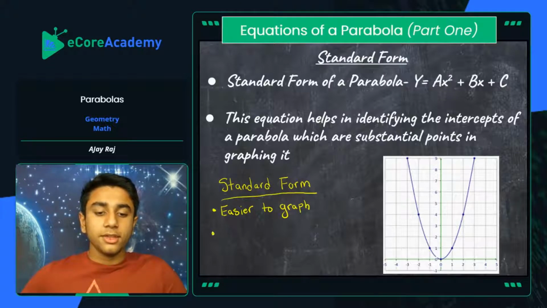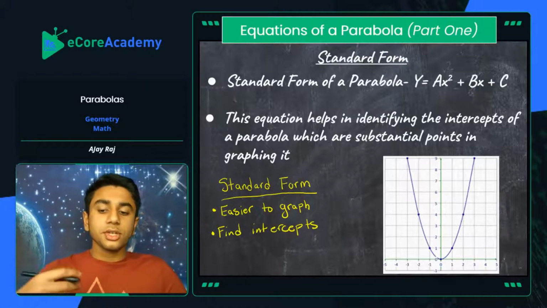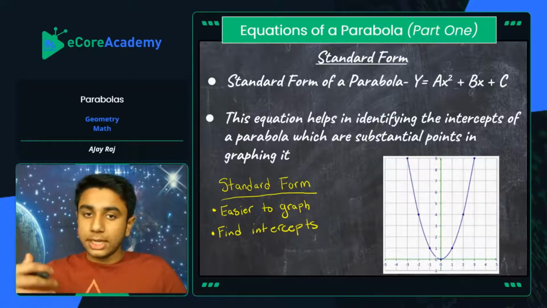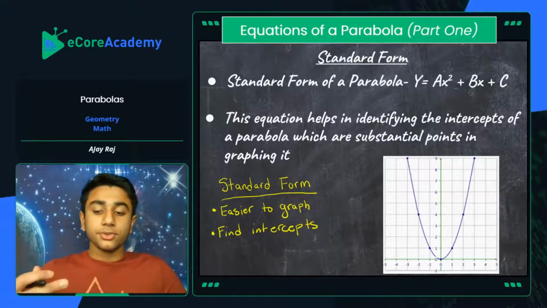You can find the intercepts of a line. And why is this important? How is this going to be derived from this equation? Well, intercepts are going to be very important as you get into algebra 2. But intercepts are basically the points that intersect either the x or y axis.